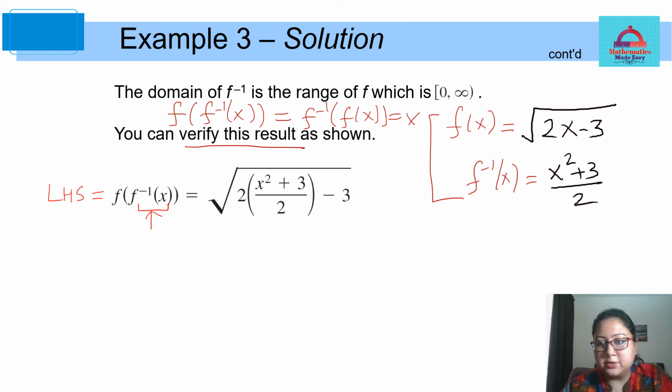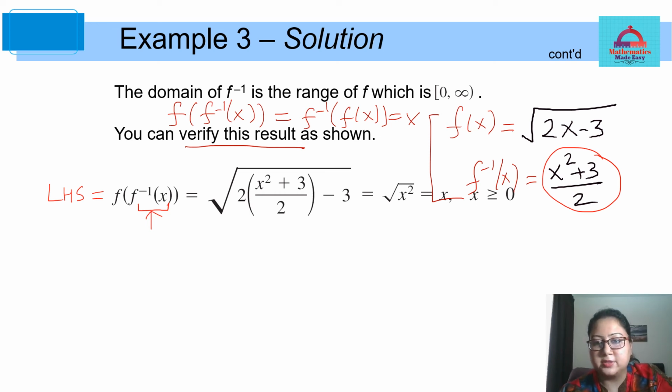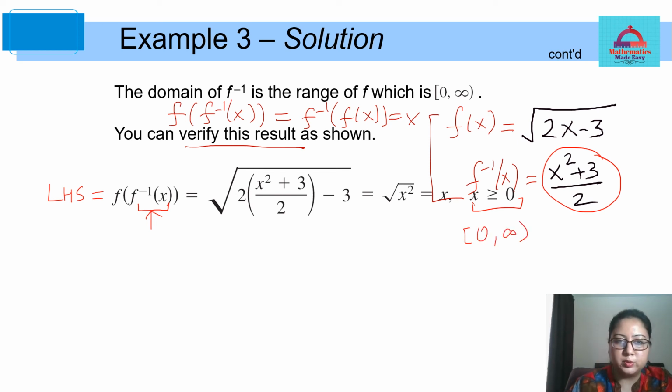So let me do that. I take this (x square plus 3) by 2 and I put it inside this radical sign. So this is what I get. Let's simplify this, cancel 2, and that would leave us with square root of x square. Again, that has come to be equal to x for all positive values of x. So we have taken everything which was in the domain 0 to infinity. Yes, so one side is proved. We have got f of f inverse x as x.